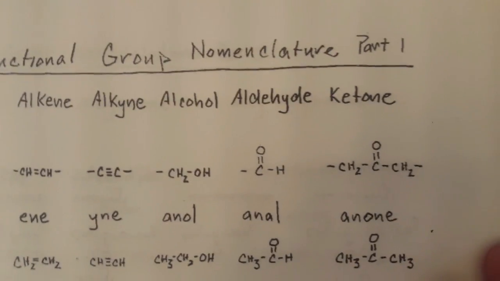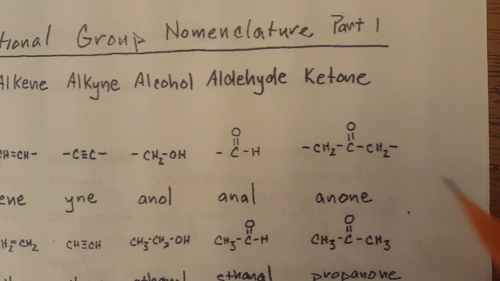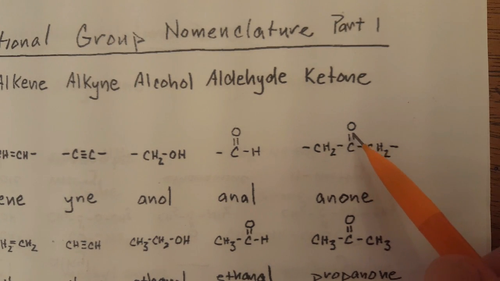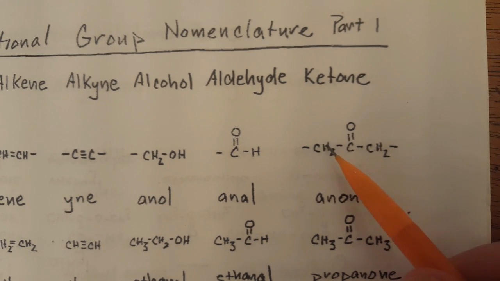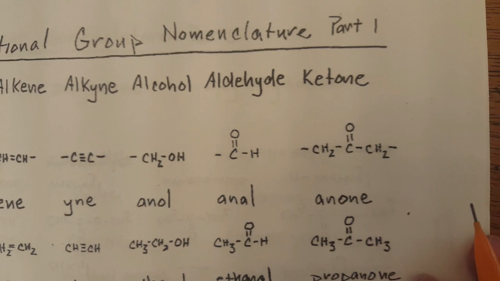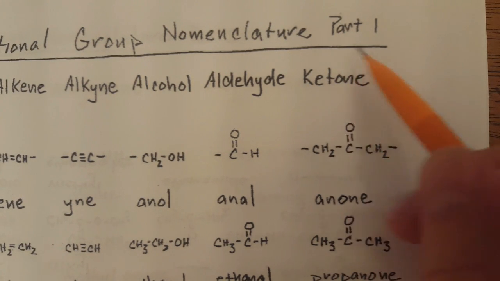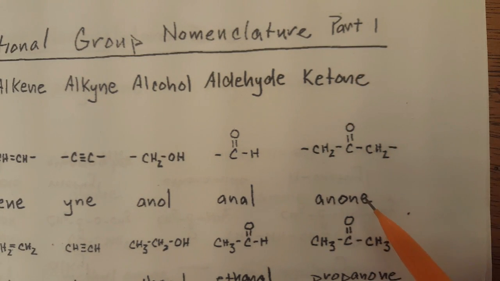And here we see it right here. Carbon doubly bonded to an oxygen called a carbonyl. It's got a carbon on the right and a carbon on the left. This functional group is known as a ketone, and it's going to end as anone.